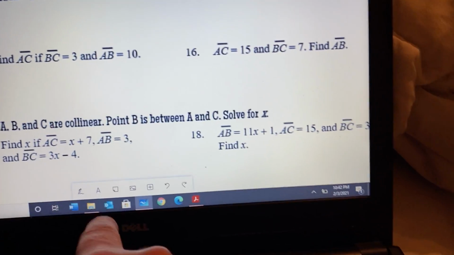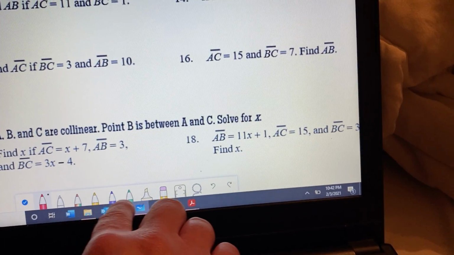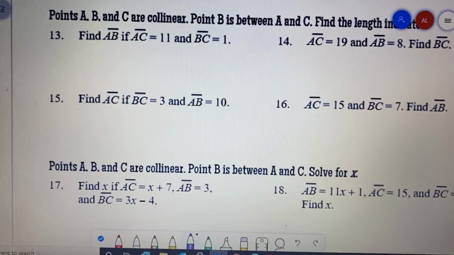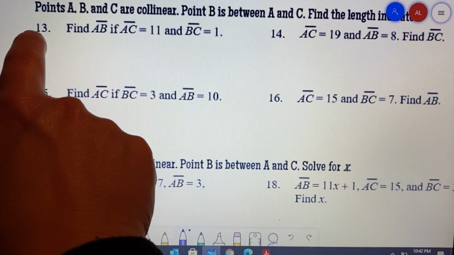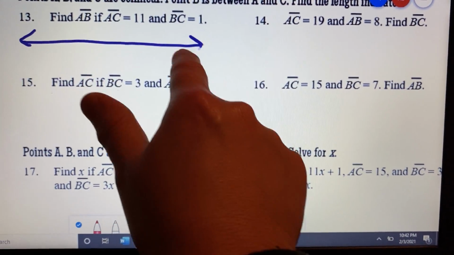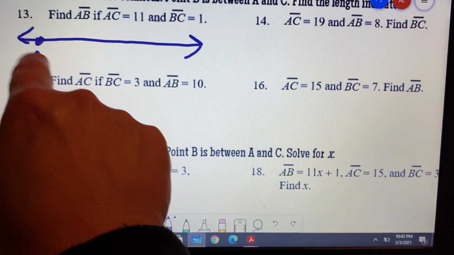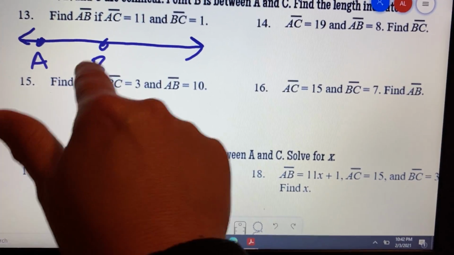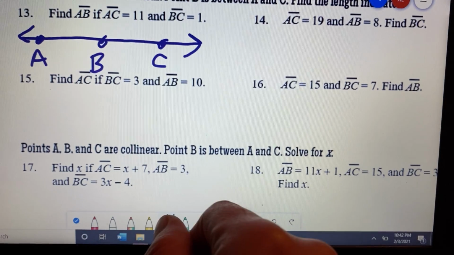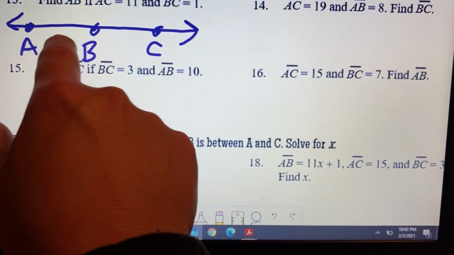All right, let's go over here. For these, they don't give you the line, so you have to draw it, and I will do the best I can. Let's look at number 13. So you have a line, A, B, C, B is in between. It's not drawn to scale, you guys. It says find AB.